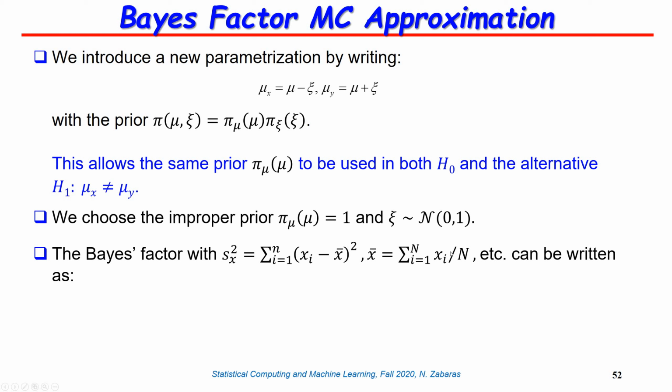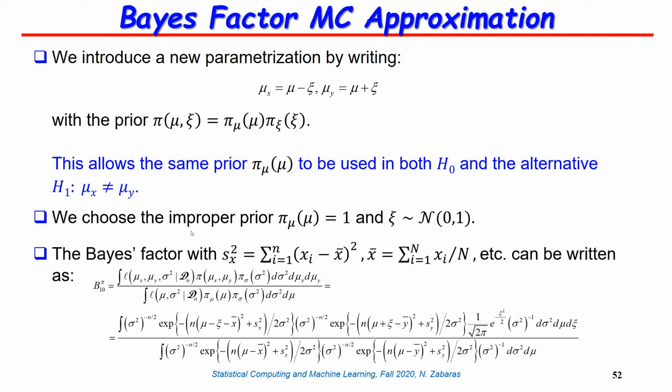So if you use the standard ways to approximate the likelihood, the Bayes factor 1, 0 can be written in, let me concentrate, for example, on the denominator.